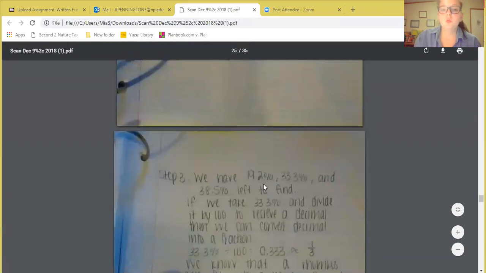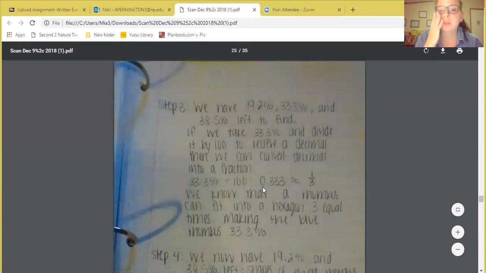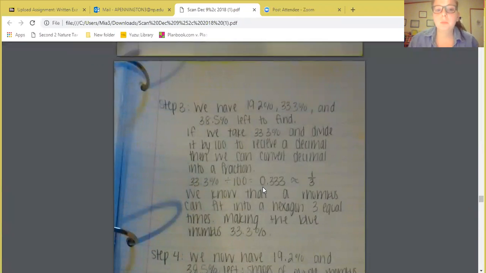Next, we have 19.2%, 33.3%, and 38.5% left to find. If we take 33.3% and divide it by 100 to receive a decimal, then we can convert the decimal into a fraction. So here's the work: 33.3% divided by 100 equals 0.333, which is equivalent to a fraction of 1/3.